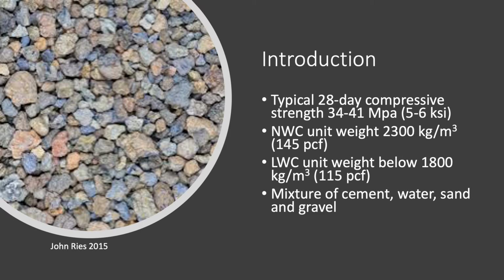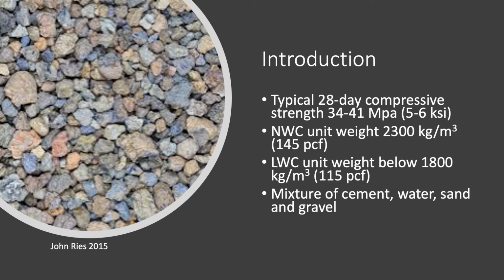Structural lightweight concrete provides a more efficient strength to weight ratio of structural elements. A typical concrete compressive strength specification requires 34 to 41 megapascals, or 5,000 to 6,000 psi, at 28 days.